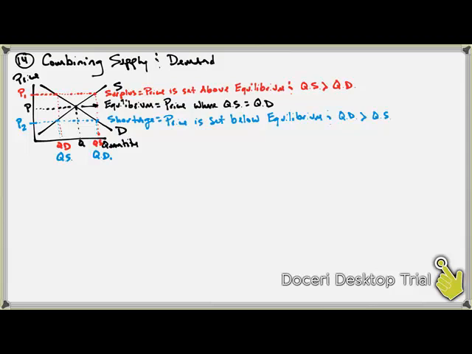That's a shortage. So you own a bakery, you set your price at 25 cents for a donut, and you open up your doors in the morning, and you've got a line going out the door around the block, and by 10 o'clock that morning, you're out of donuts, and there are still people that want donuts. That's a shortage. This is what we mean that prices will always move towards equilibrium.